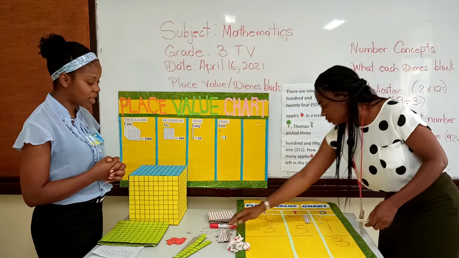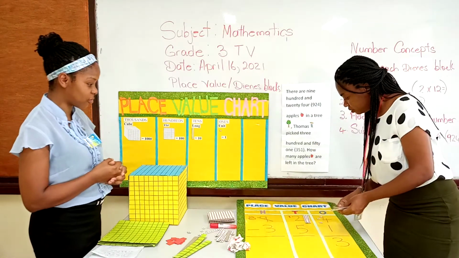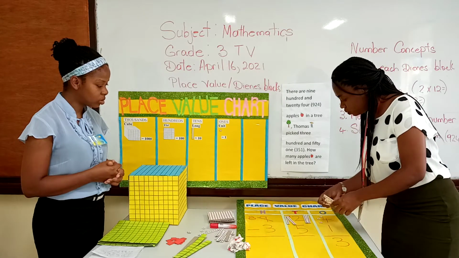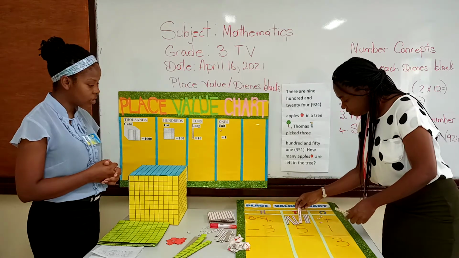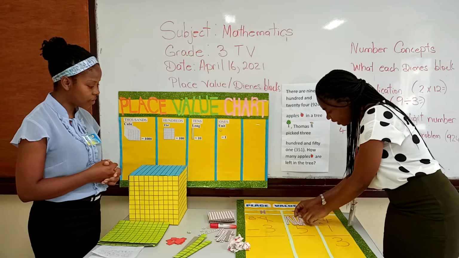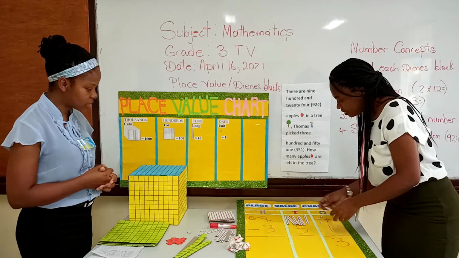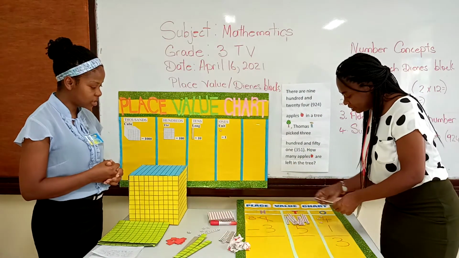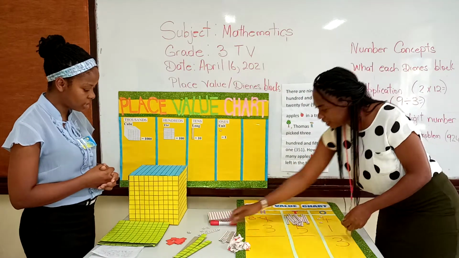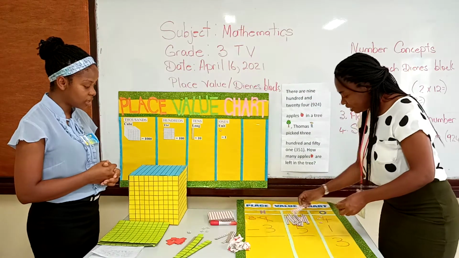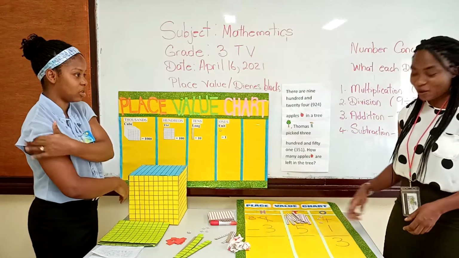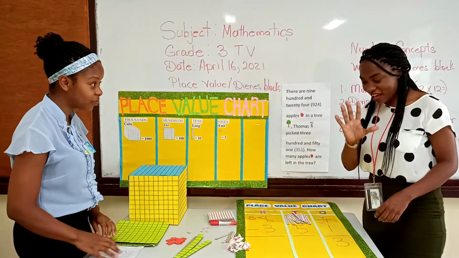So we're going to take 5 from the 12. 1, 2, 3, 4, 5, 6, 7, 8, 9, 10, 11, 12. Now how many do we need to take away? 5. Very good.